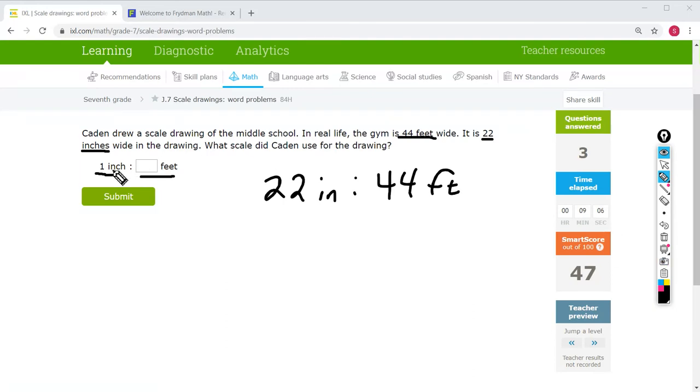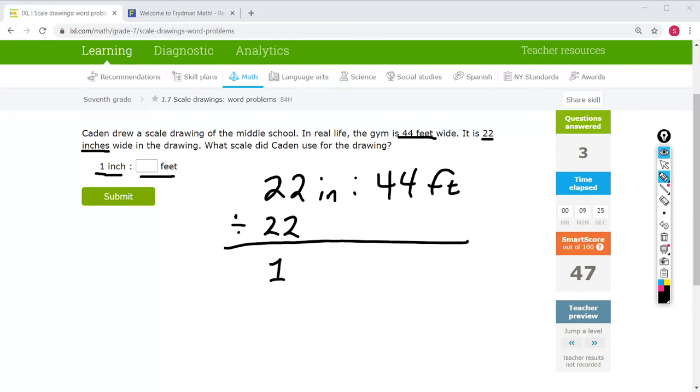Okay, now we want the 1 to be next to inches. So here I have inches. I want to divide this by some number that'll give me 1, and that number is 22. If I divide anything by itself, then I get 1.